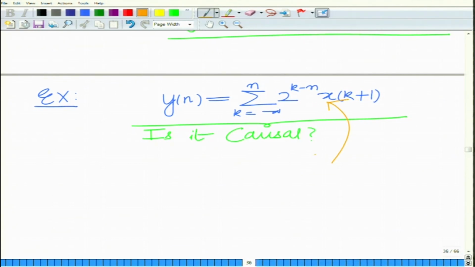x is the input signal, y[n] is the output signal. Is this a causal system?